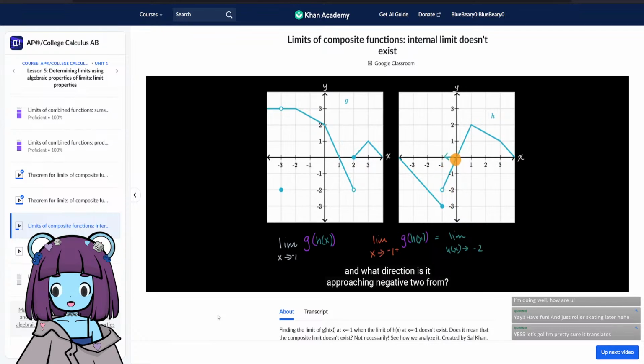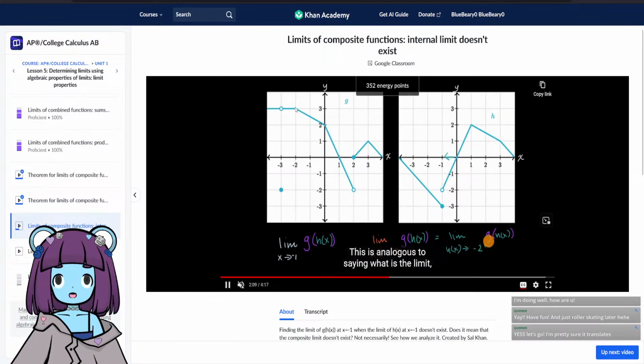I don't know if that's exactly true. G of x, you approach like 3?